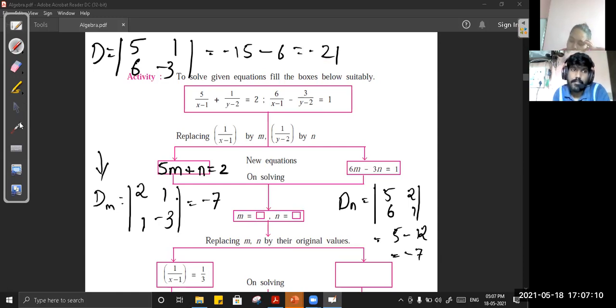So what is m? Dm upon D. That's minus 7 upon minus 21. Yes, correct. 1 upon 3. So m is 1 upon 3.